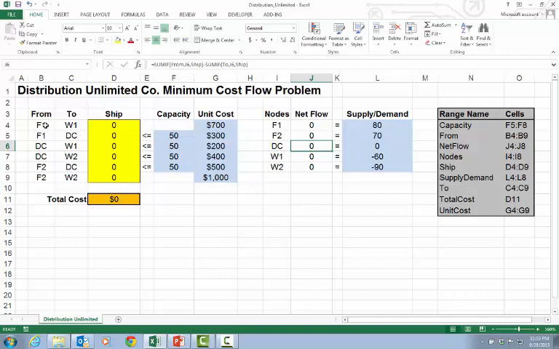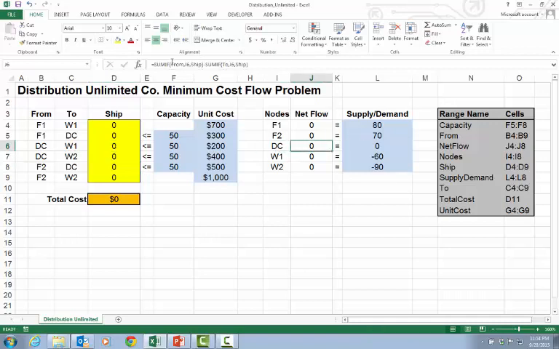If the value in that range is equal to DC, which in this case there are 2 in here that have the values DC, then include within that sum the corresponding values in the ship range.